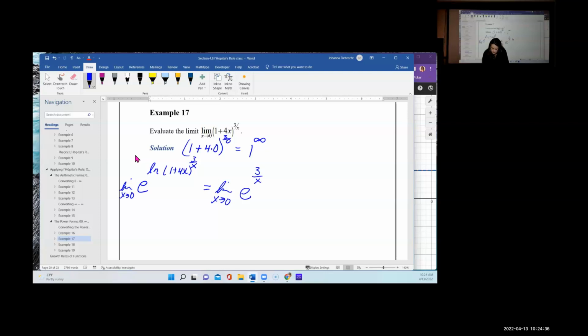Can you repeat those 2 steps? We're applying the natural log, and then the operation that undoes it is what? All right. So natural log will allow us to bring the power to the front. The inverse operation, the undo operation for natural log, is taking e and raising it to that power.